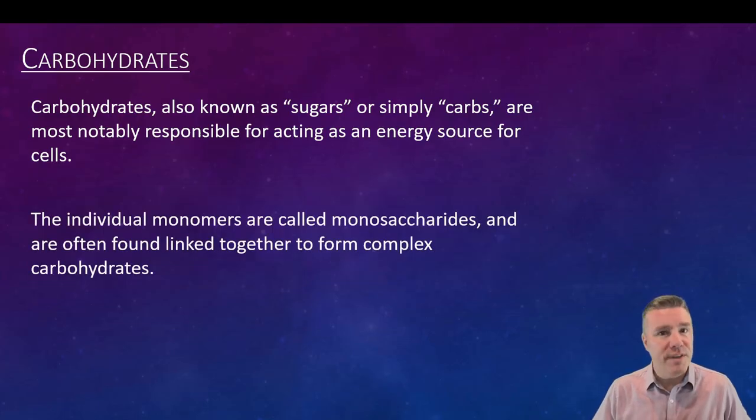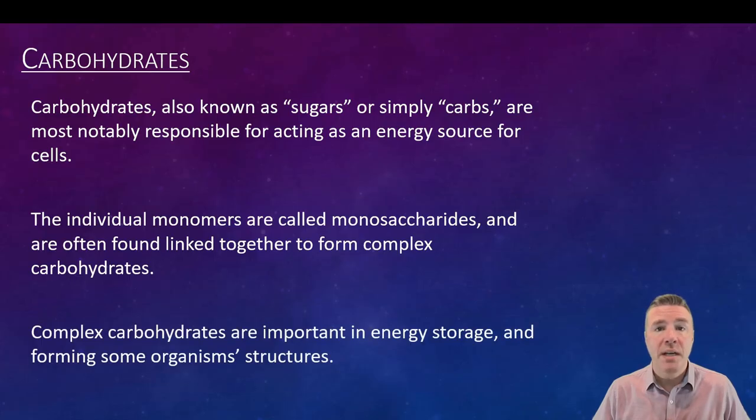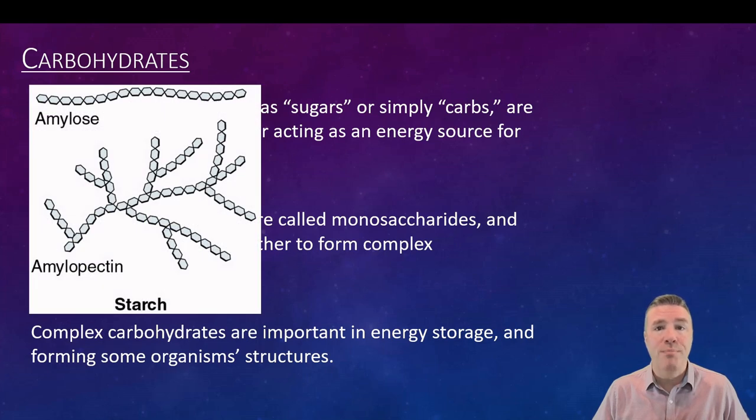Those individual monomers are called monosaccharides and are commonly linked together to form more complex carbohydrates. This is accomplished via dehydration synthesis and forms a bond between two monosaccharides called a glycosidic linkage. These more complex carbohydrates are important in longer-term storage of energy and in the formation of some organisms' structural components. Plants, for example, store carbohydrates in both chain-like structures and branched structures, collectively referred to as starch.